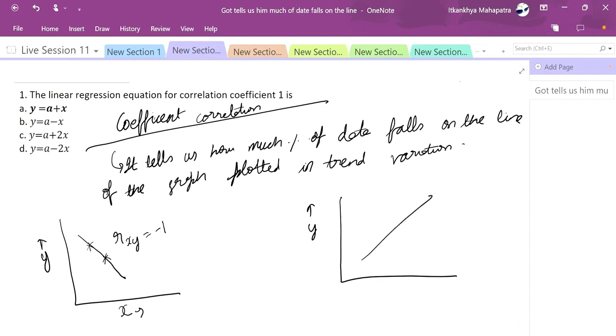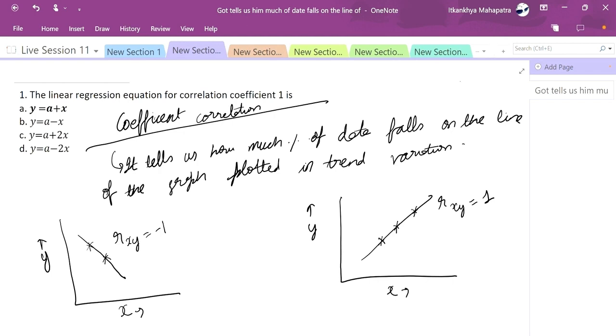Now for the increasing trend, we will find out how much of the slope falls on the trend variation line. This is rxy is equal to 1. Regression analysis is used where we have a trend, like an increasing or decreasing trend. Increasing trend means the forecast value is greater than demand, and decreasing trend means the forecast value is less than demand. When trend is concerned, regression analysis is always used.